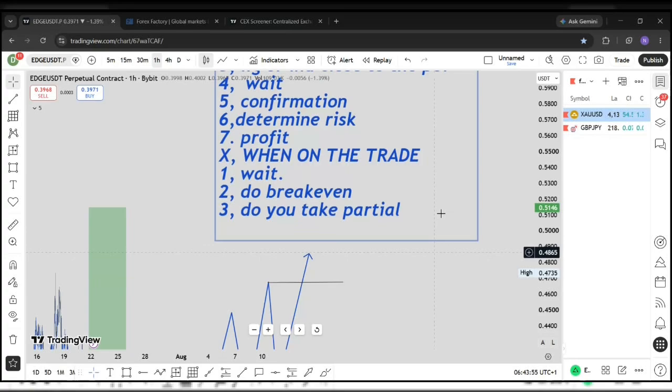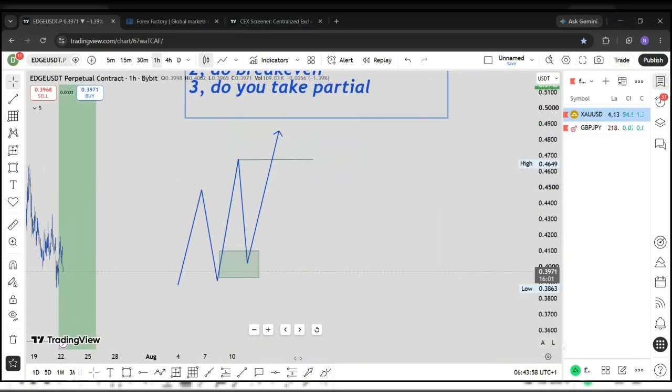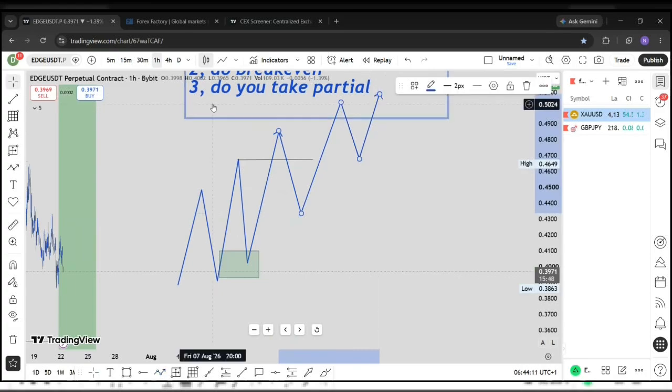That is number one. When the market has caused the first major break of structure, a retest, you have another break of structure, a retest here, you have another break of structure.